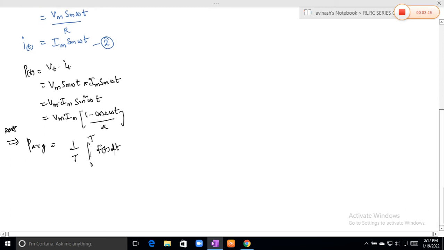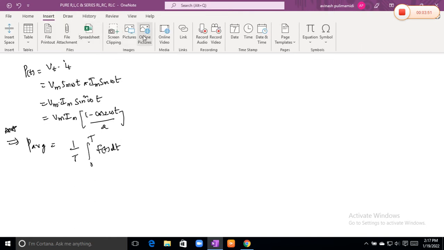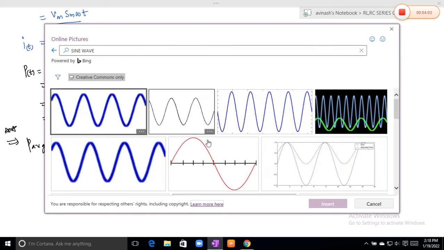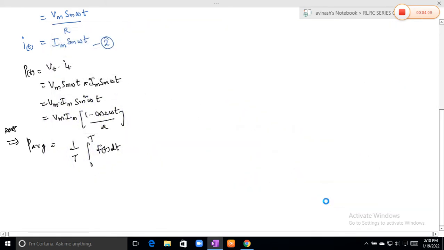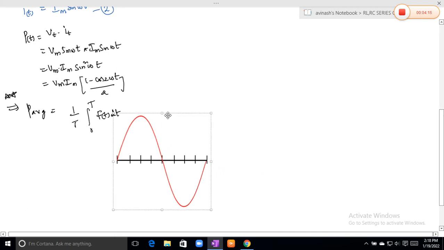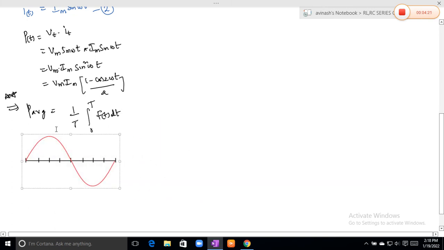For that, let me take a sine wave here. Assume this red ink is the voltage waveform, V of t.